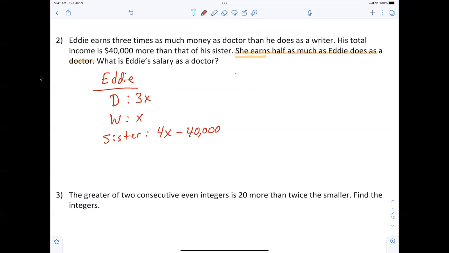Yeah, she earns. So we're going to put 4x minus 40,000. She earns what? She equals what? Yes, half of 3x. All right, I'm not arguing with you.